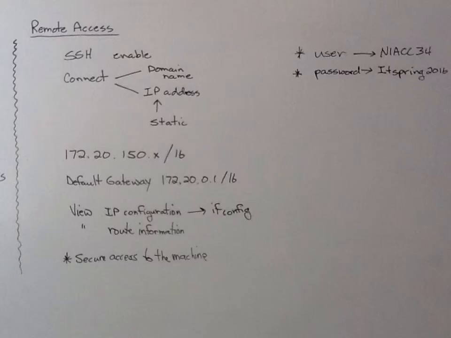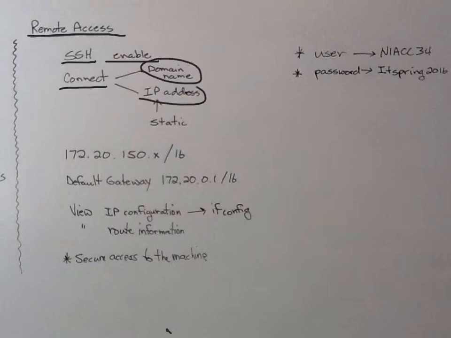All right. We talked about remote access. SSH, how to enable that. We talked about connecting to a domain name or an address. And that address has to be static, so you can distribute the address and people can use it.